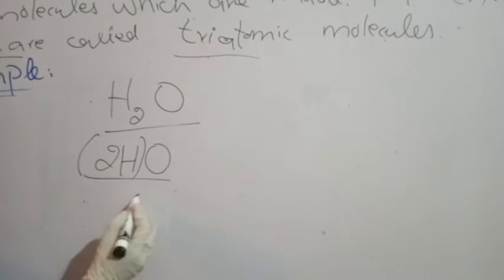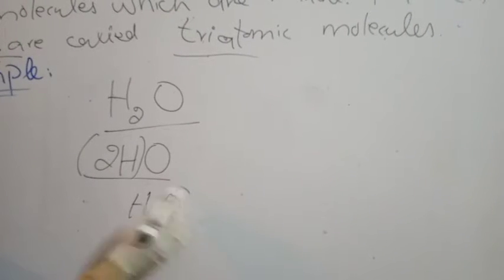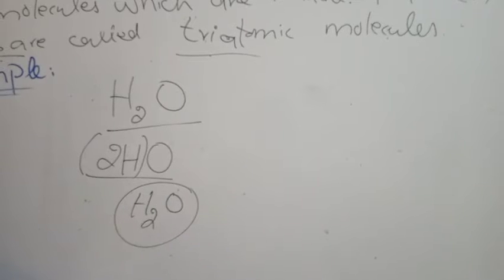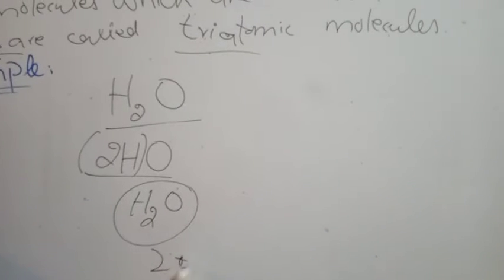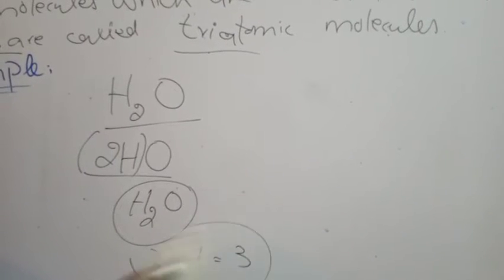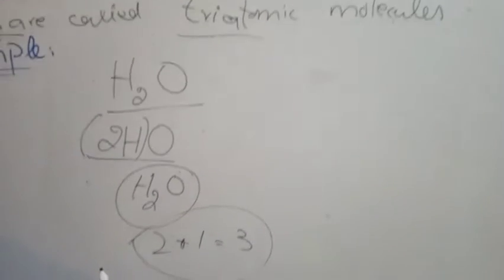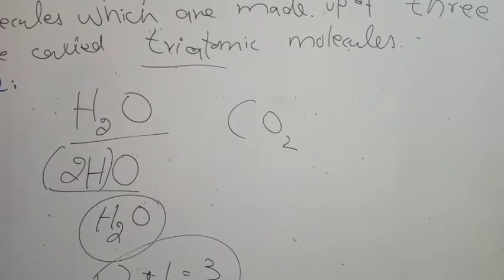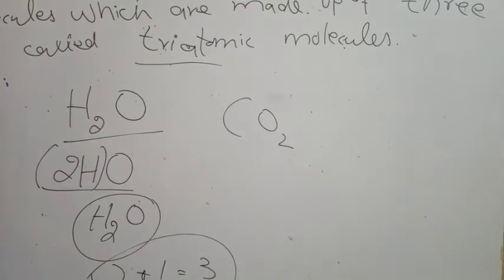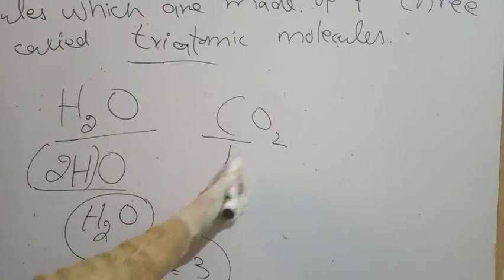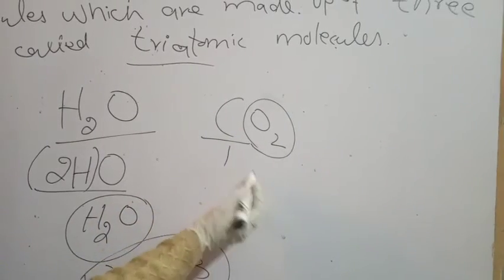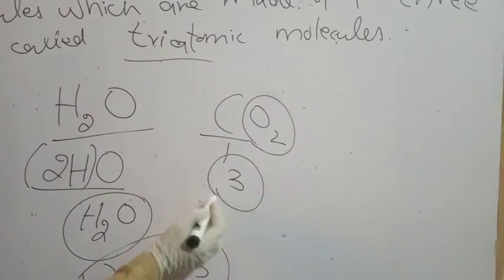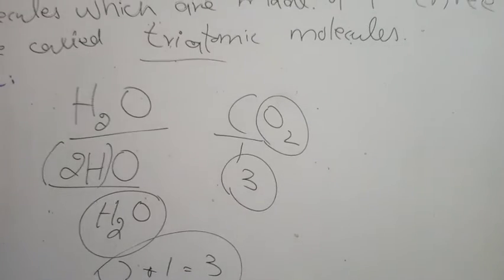So H2O means 2 plus 1, 3 atoms. Carbon dioxide is also a triatomic molecule: carbon 1 and oxygen 2, so it is made up of 3 atoms.